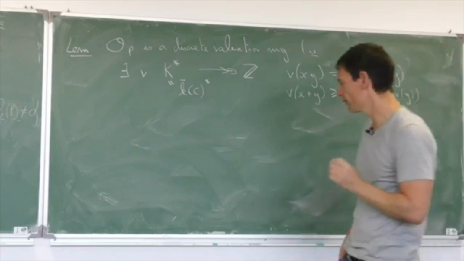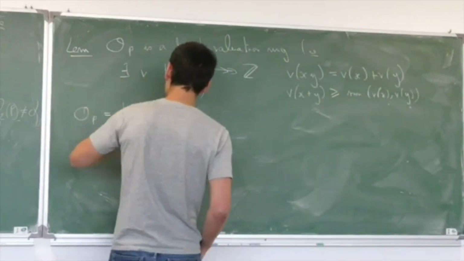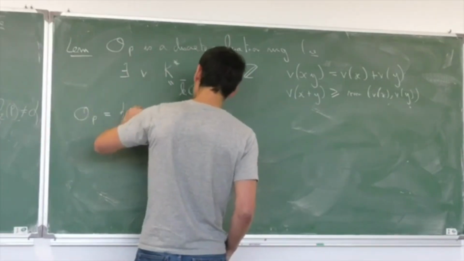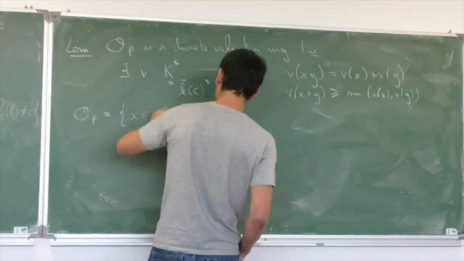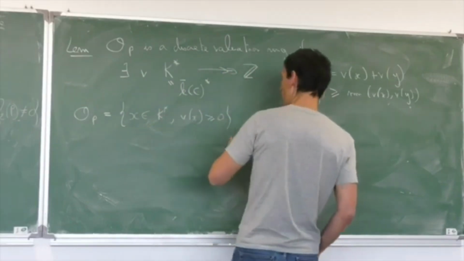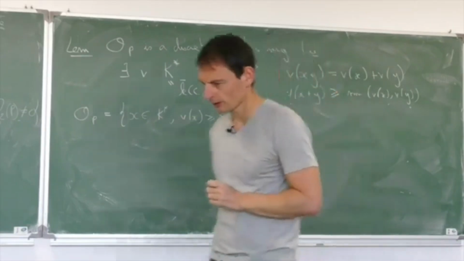And the last thing that you want is that O_P is going to be the set of x in K star such that the valuation of x is greater or equal to 0, union 0. Okay?